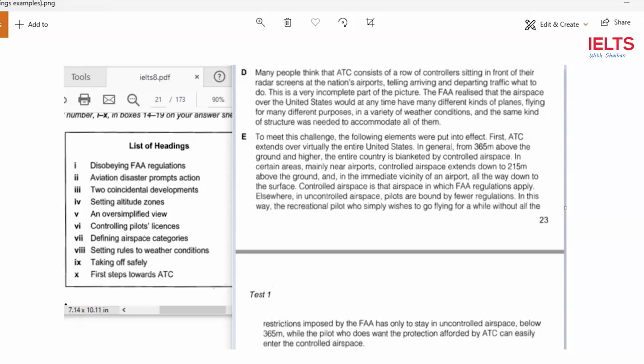This is a very incomplete part of the picture. So after I finish the main two sentences, I will match.